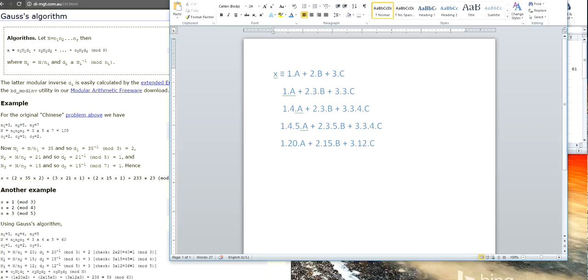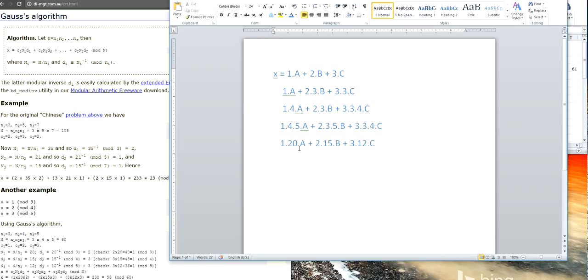So which kind of matches here. So 1 times 20 with this equation here, 1 times 20 times a, so we don't know the a yet, so 2 times 15 and 3 times 12. So what is this a? How do we determine this?